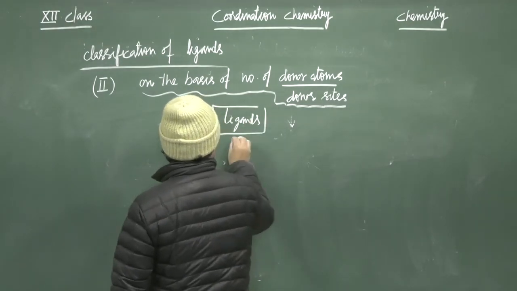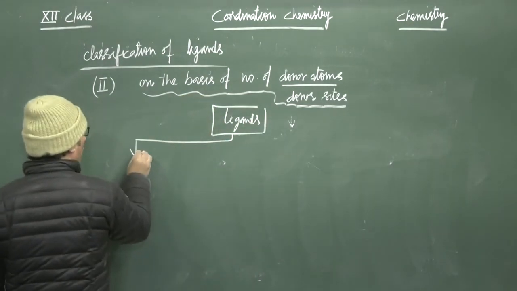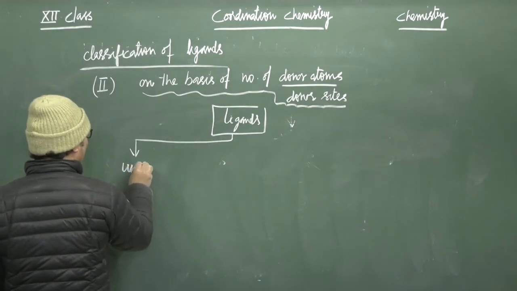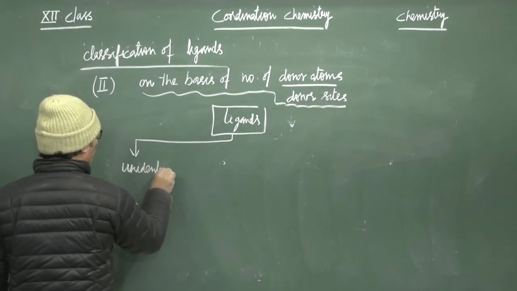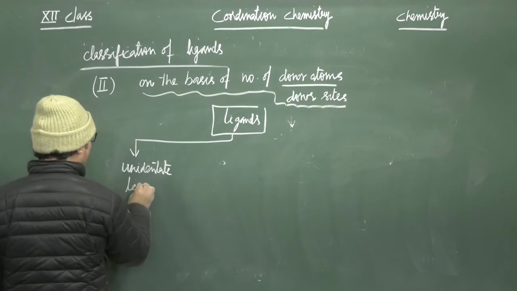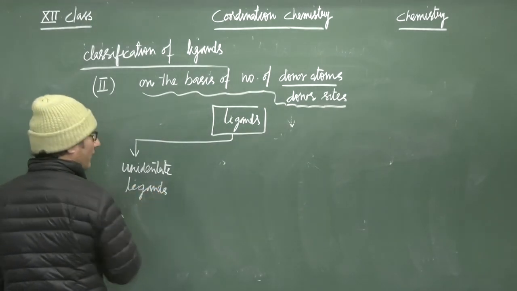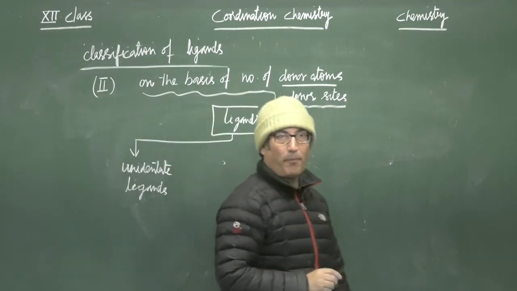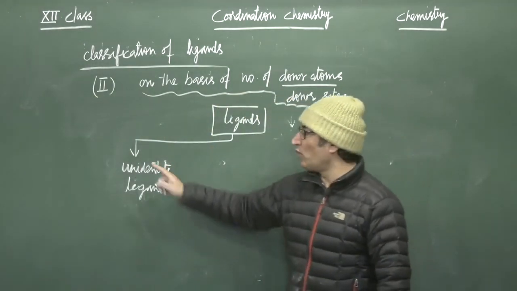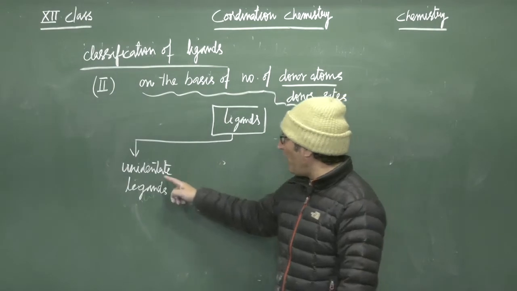One is unidentate ligands. Uni means mono, means single. Now, why dentate?